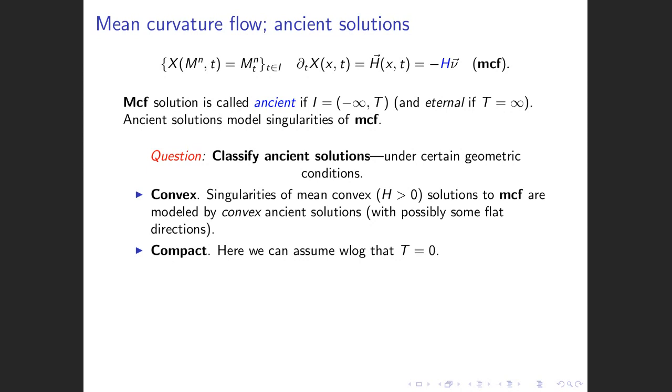Also, not all the time, but often we're going to look at compact solutions, in which case we assume that the final time is 0. You can translate time in mean curvature flow without messing up the equation. Therefore, we can translate time and make sure that this capital T is equal to 0.